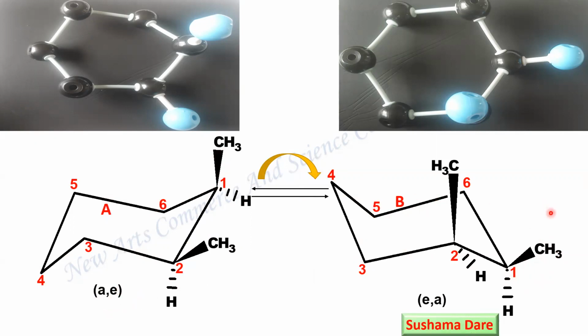But that beta remains beta, that is, the bond facing in the upper direction remains facing in the upper direction. What happens to carbon number 2? The number 2 methyl group, which is equatorial, after flipping changes to axial. In the first structure it is beta, facing in the upper direction, and in the flipped structure it is again facing in the upper direction, so it remains beta only.